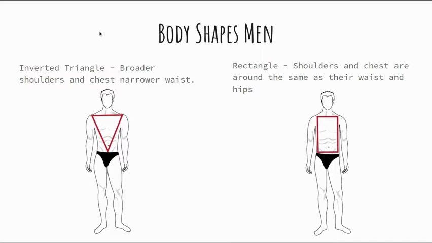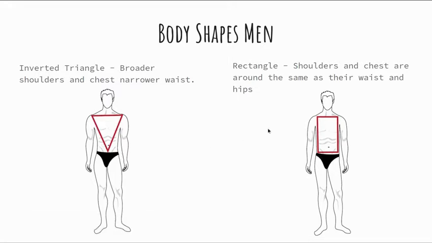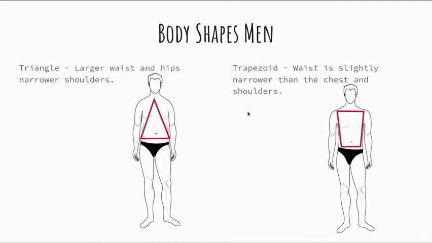For men, you also have the inverted triangle, with broader shoulders and chest and a narrower waist. Rectangular, your shoulders and chest are around the same as your waist and hips, so again, it goes straight down. Over here, you have a little more definition. The triangle, you have a larger waist and hips with narrower shoulders.